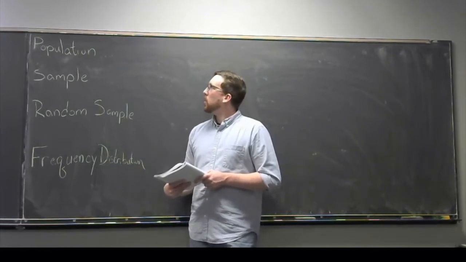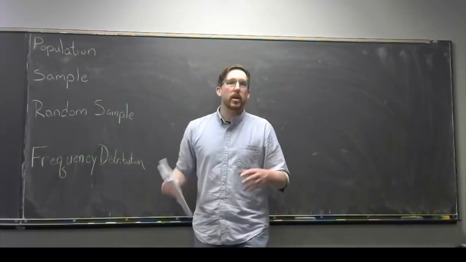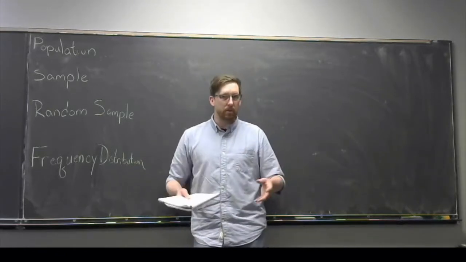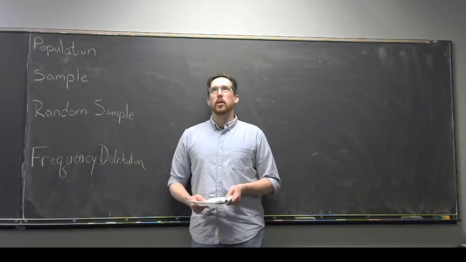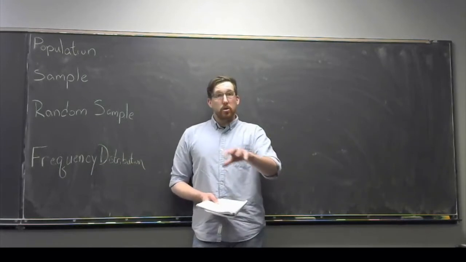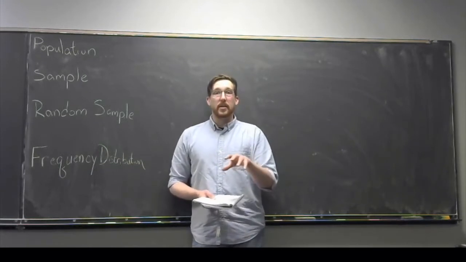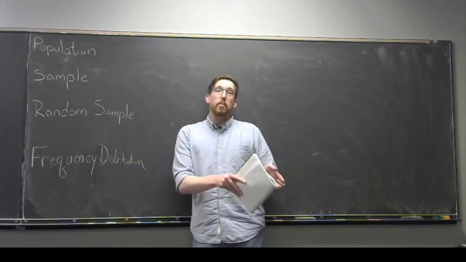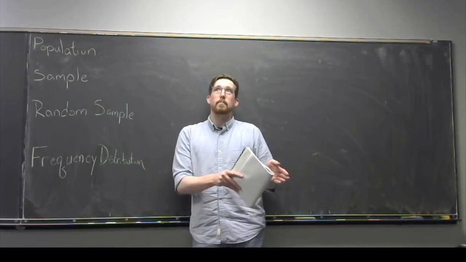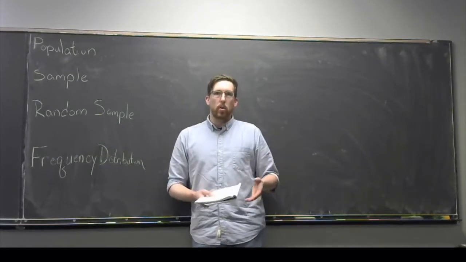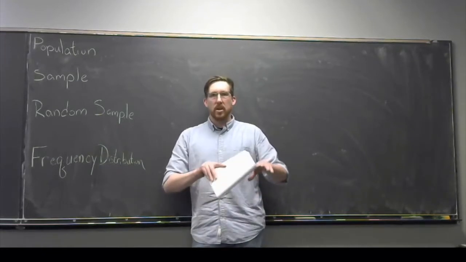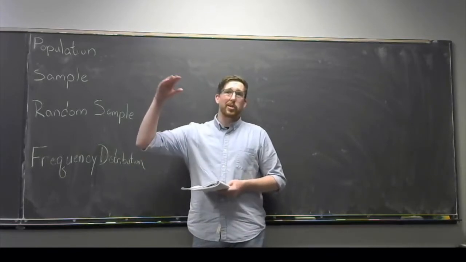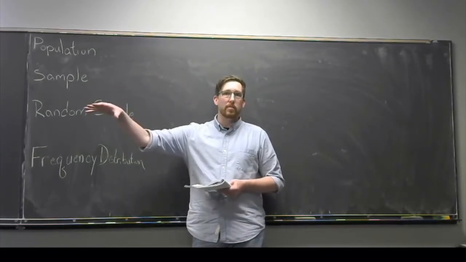So, we might think of a study looking at the student body of WSU in particular. In that case, the student body would be the population of that study. A sample might be a particular course within all the courses possible. So we might decide to look at just Algebra 1 students.